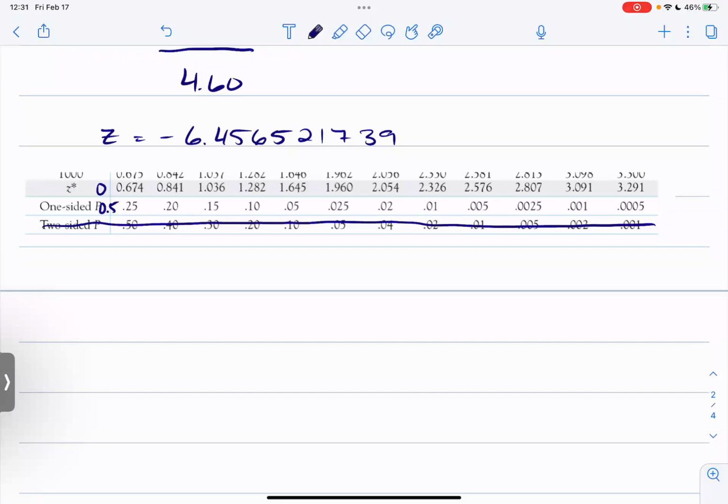Now I'm moving out, all my Zs. At a Z of 3.291, I have an area in the tail of 0.0005. Very, very small, right? What's my next stop? Even more, infinity. Once I pass 3.29, we stop caring. We say, well, that's a small probability, and then we're done.